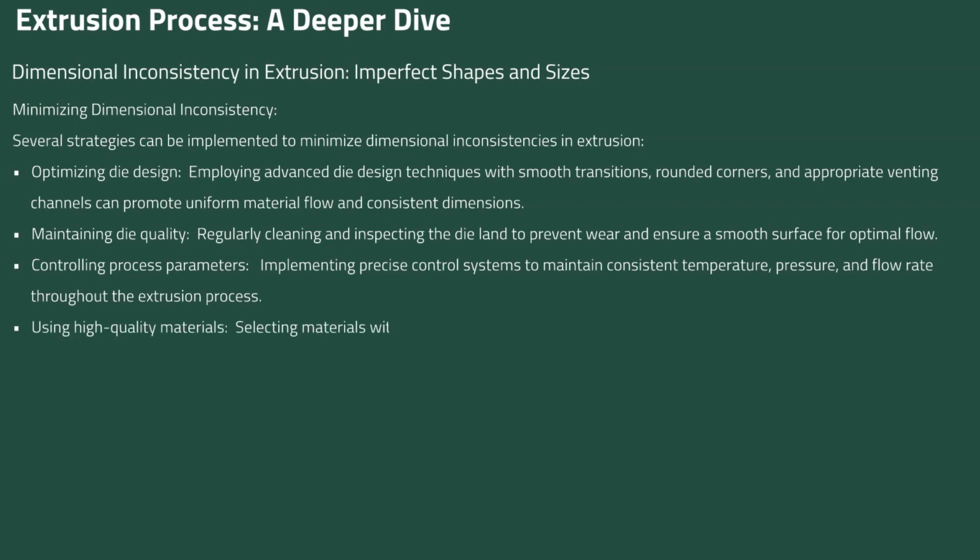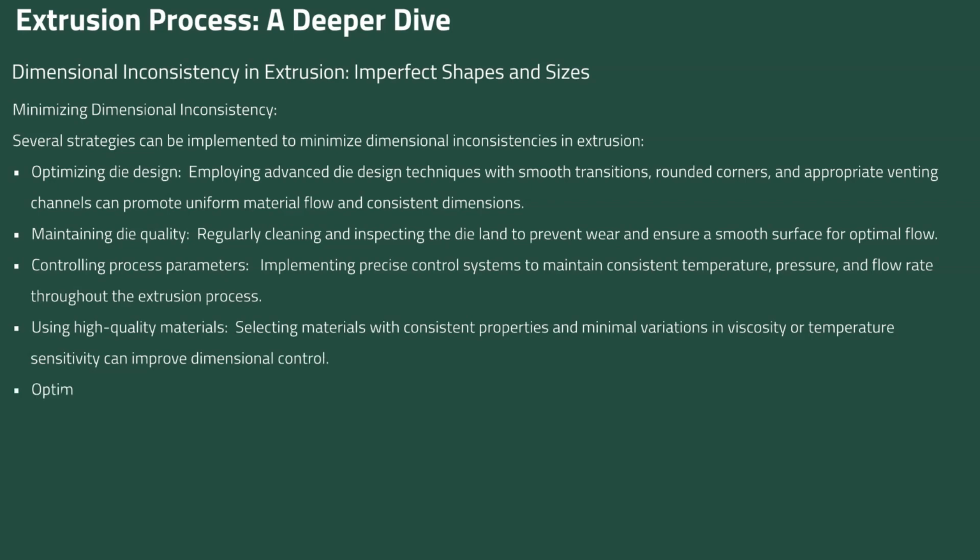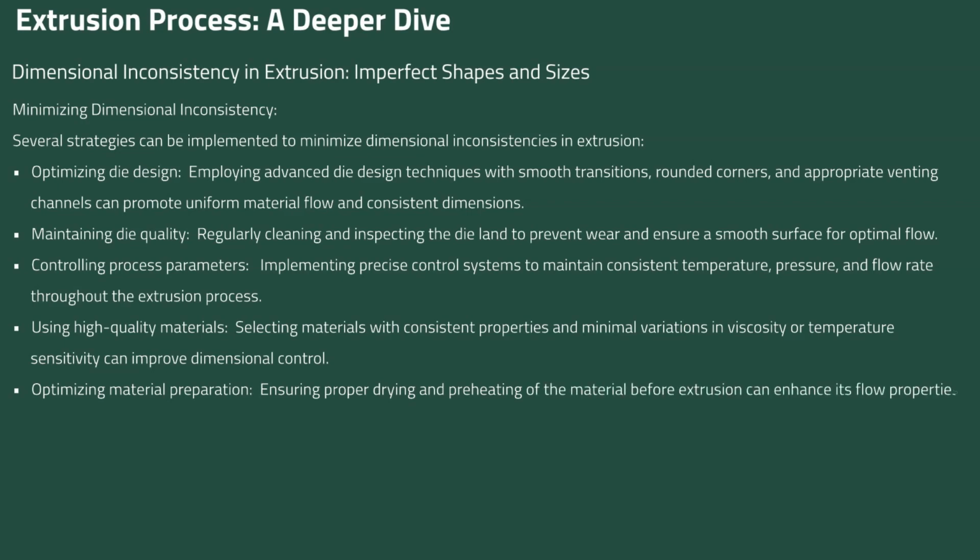Using high-quality materials: selecting materials with consistent properties and minimal variations in viscosity or temperature sensitivity can improve dimensional control. Optimizing material preparation: ensuring proper drying and preheating of the material before extrusion can enhance its flow properties and minimize shrinkage during cooling.